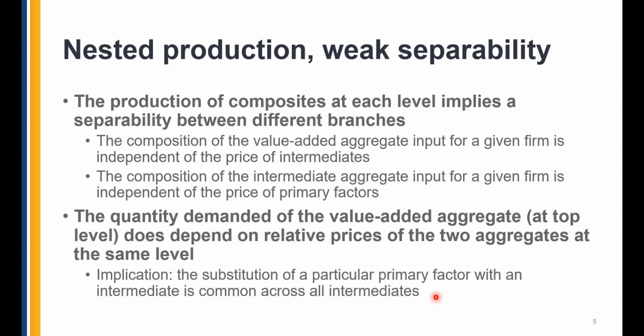And so we would see intermediate use fall in response to this lowering of prices on the other side. But they should all fall proportionally. They should all fall through the average price, not through the individual prices that are in the model.